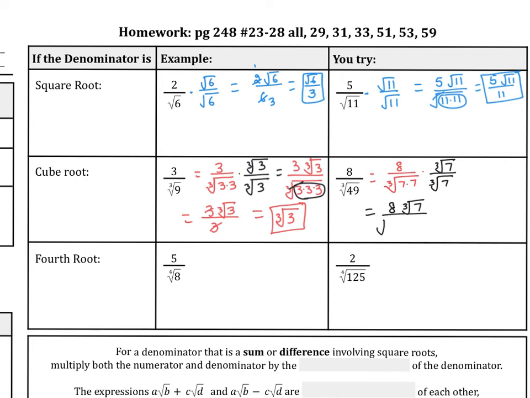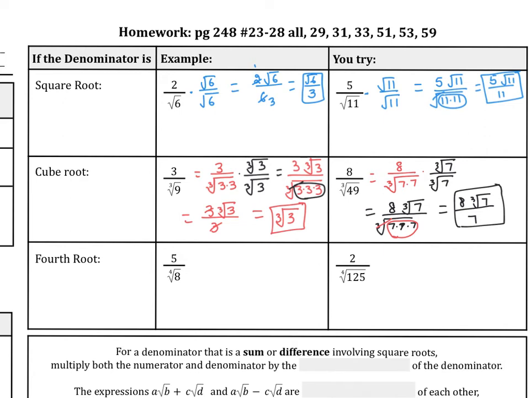On the bottom we got 7 times 7 times 7. They make a group of 3, so they get out of the radical symbol. Our final answer is 8 cube root of 7 divided by 7.